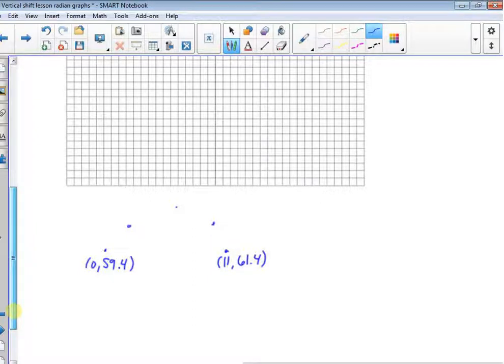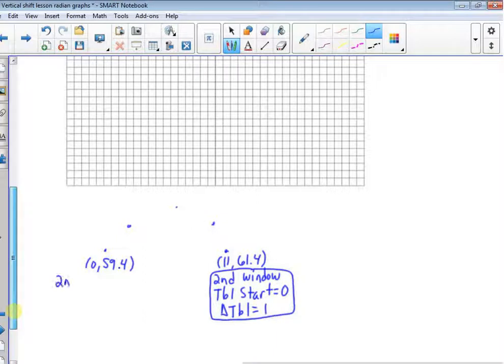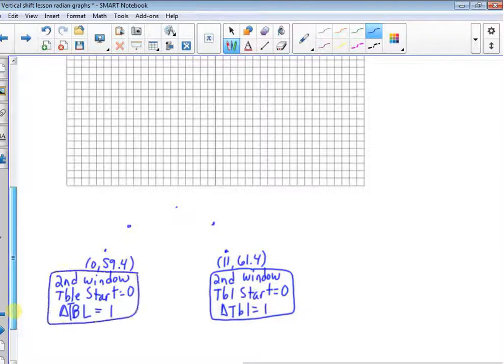And I got those by just going to second window and having the table start at 0, and triangle TBL was 1. So same thing here. Second window, table start, and then triangle TBL was 1. And then I looked at my table.